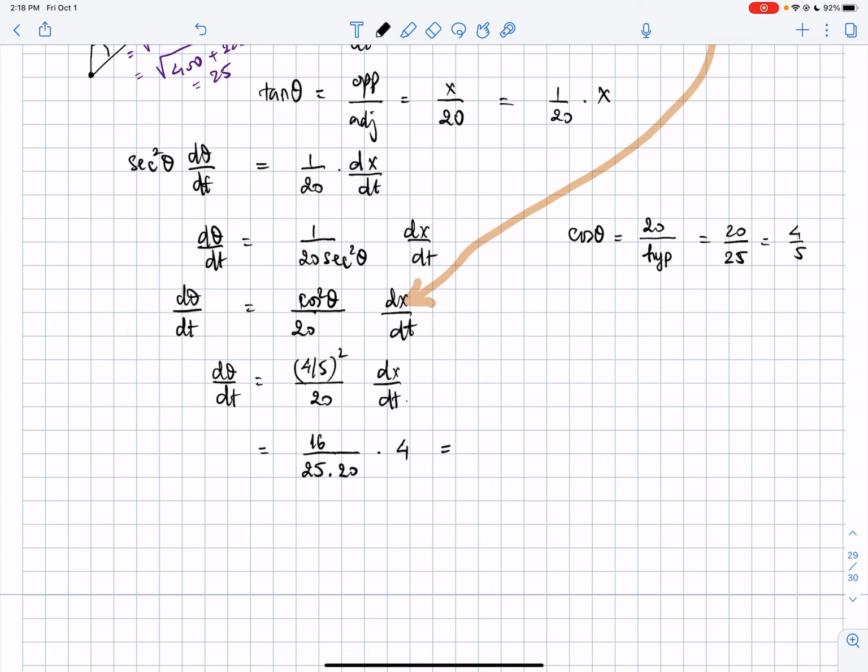So all of this, you cancel this, it is like 5. So that is 16 over 125, and it is equal to 0.128. So it means that the angle theta will rotate at 0.128 radians per second.